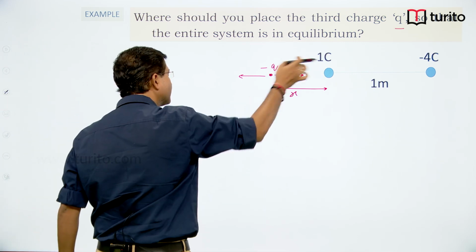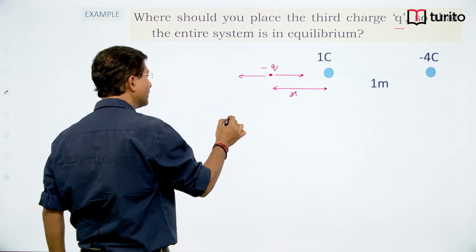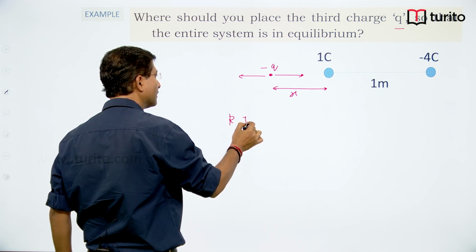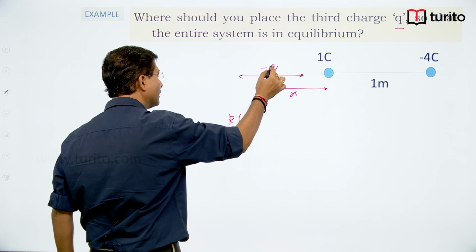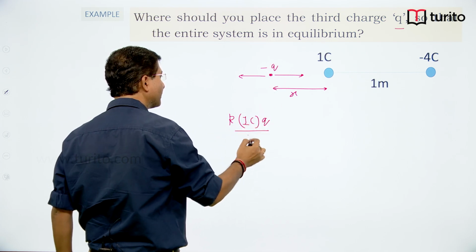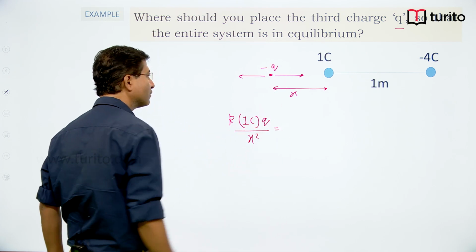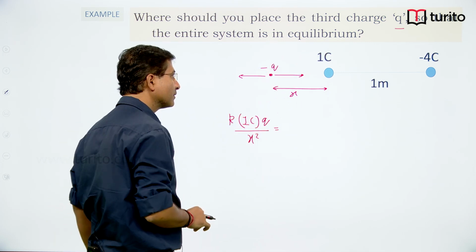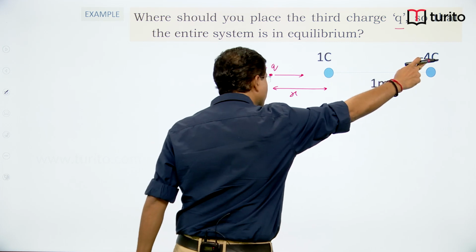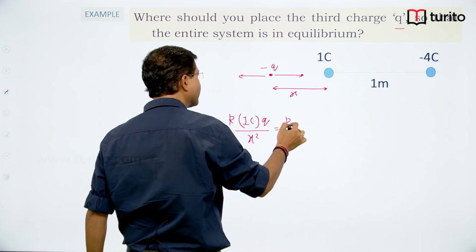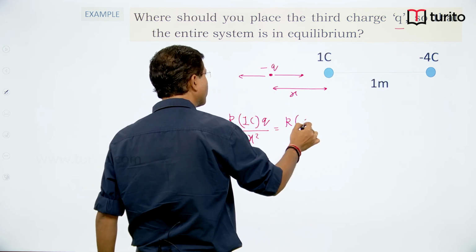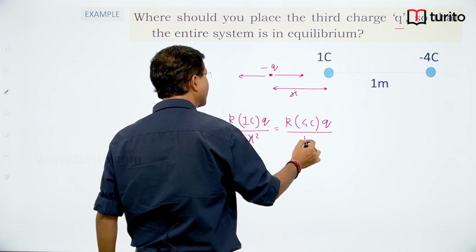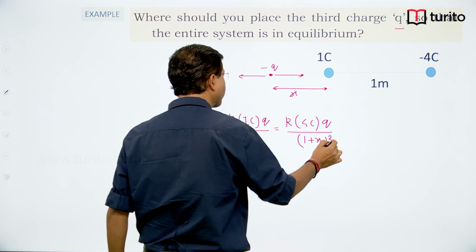So, the force exerted by this one on this one, this is 1, I am writing k times 1 Coulomb into q divided by x square, will be equal to the force exerted by this one on this one, that will be k into plus 4c into q divided by 1 plus x whole square.